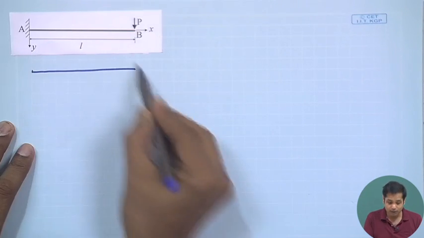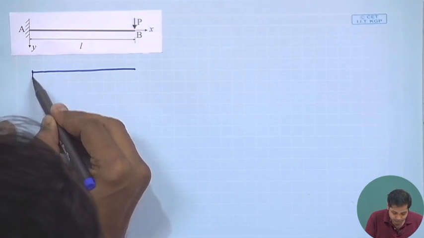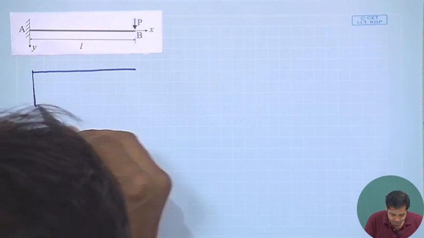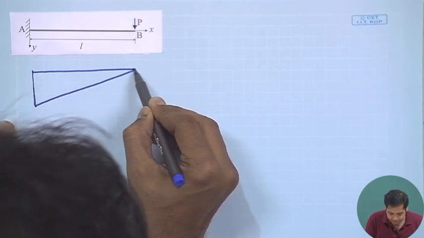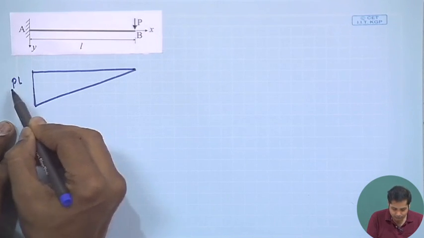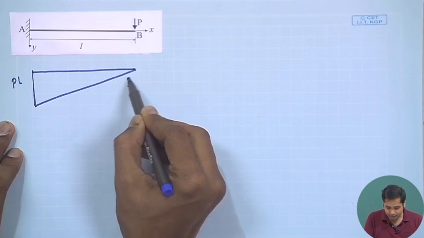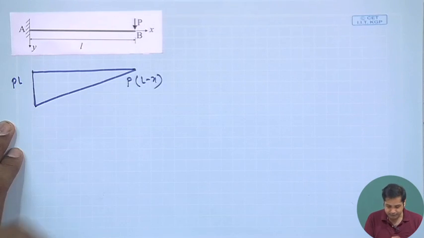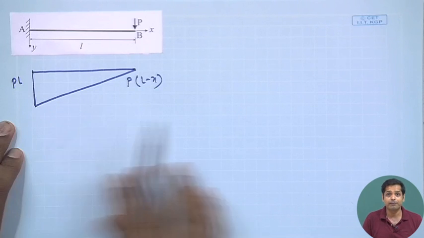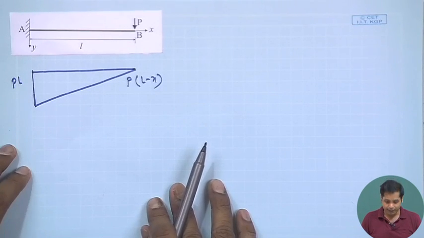This causes hogging in the beam, so bending moment will be negative, and this is PL, and this is P into L minus x. x is measured from A. Okay, this is the bending moment diagram.